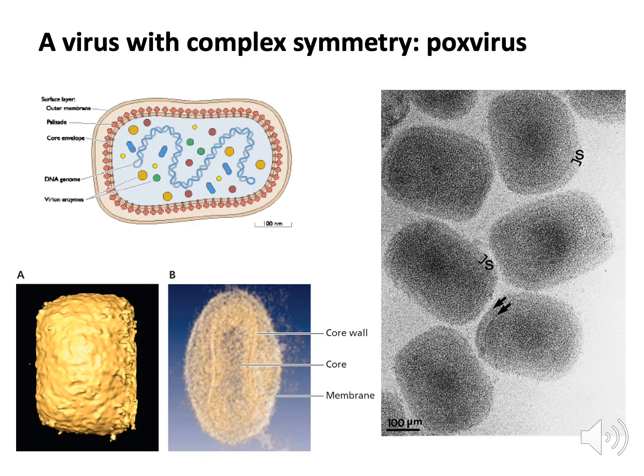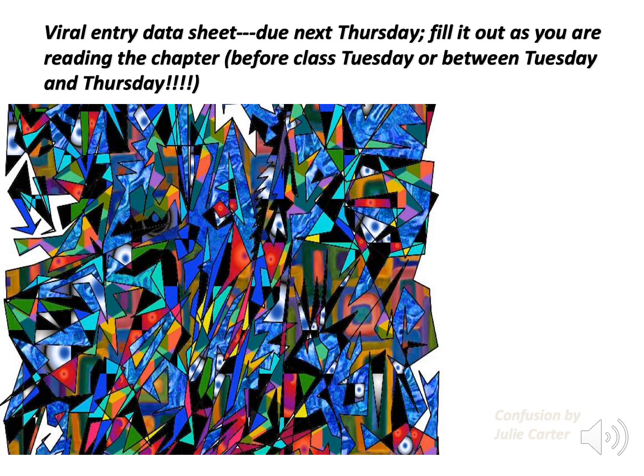Okay, the algorithm. So to end, I want to talk about the viral entry data sheet. It's due next Thursday before class, but you should start to fill it out as you're reading the chapter over the weekend. So it would be good if you would start to read that chapter and fill in some information before we have class on Tuesday. Tuesday, I will talk quite a bit about viruses attaching to cells and entering cells.